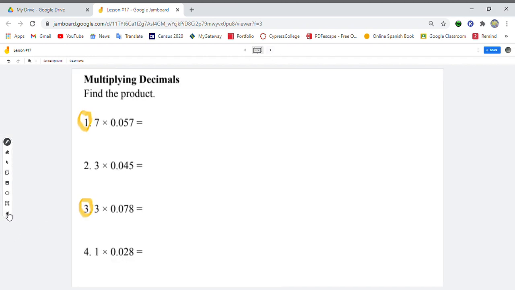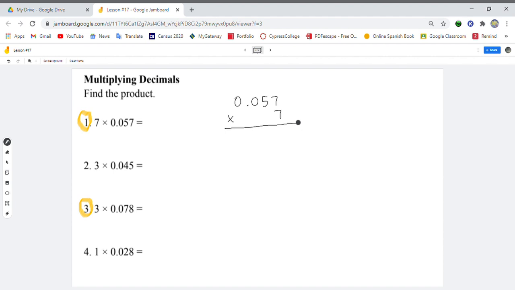For the third section, it'll be multiplying decimals, and we're just going to find the product. So we're going to go over number 1 and number 3. Number 1, we just write it as 0.057. I'm just going to write the decimal on top because it has more digits. Even though we are multiplying with decimals, ignore the decimal point when you're first multiplying.